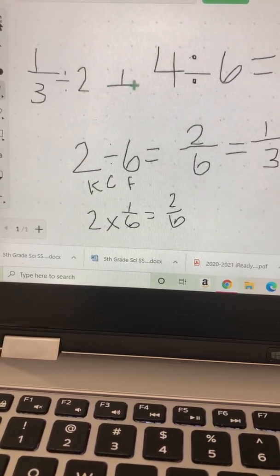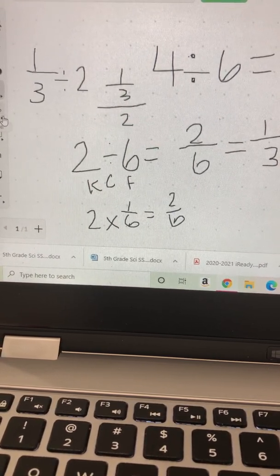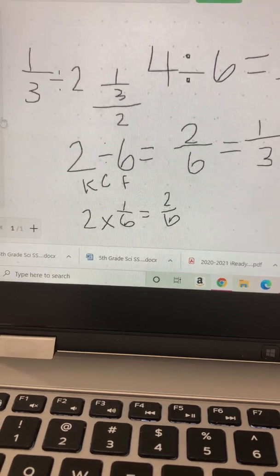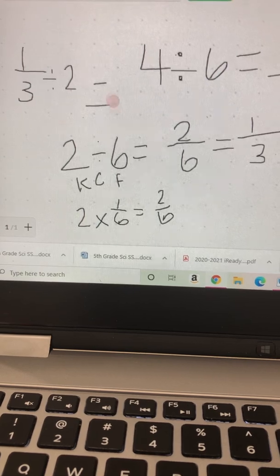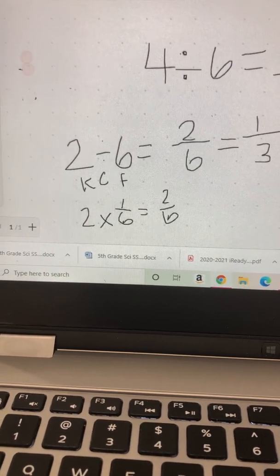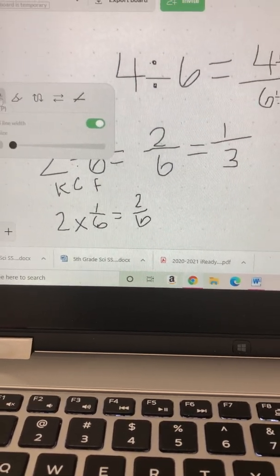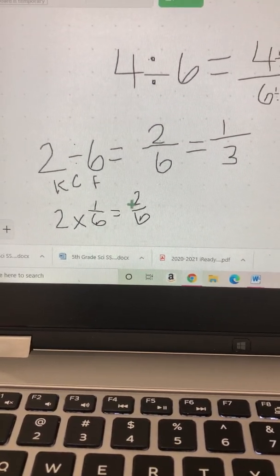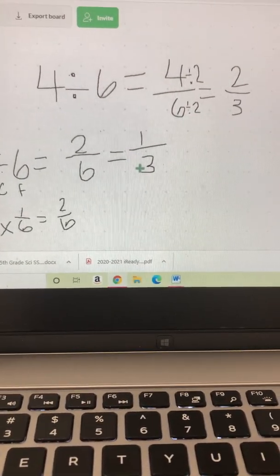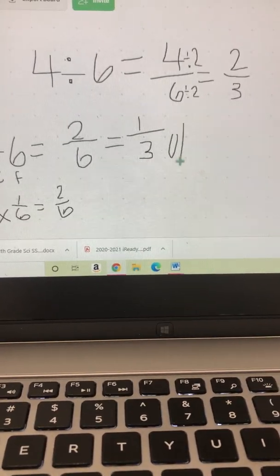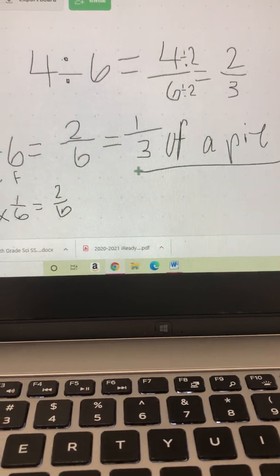I can't put 1/3 over 2. It doesn't look correct. Okay, so that's why we only use it when it's whole numbers. All right. Okay, over here. So then each person would get 1/3 of a pie.